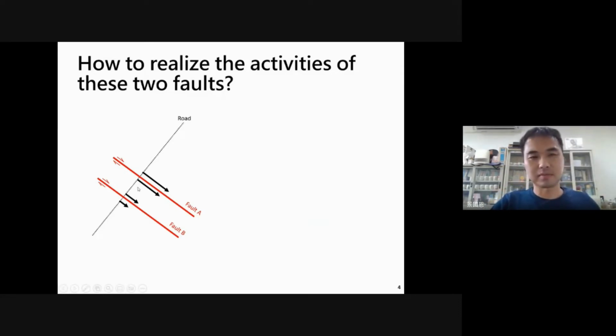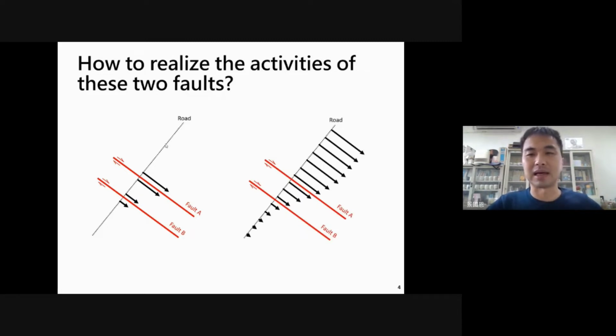But if you have a velocity profile, so that means if you install a series of sites, or if you select the profile from the InSAR result, then in this case, you may get this kind of pattern. So the pattern will show you the velocity is low at one end and high at the other end.